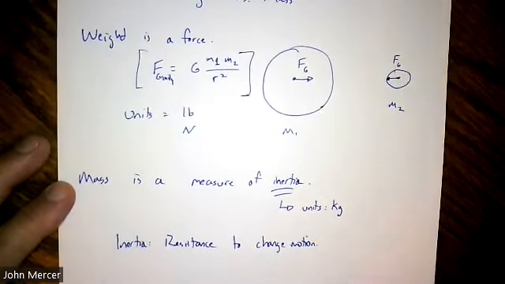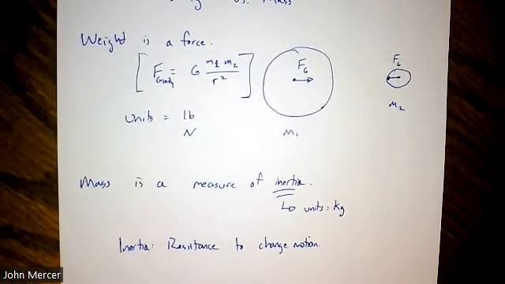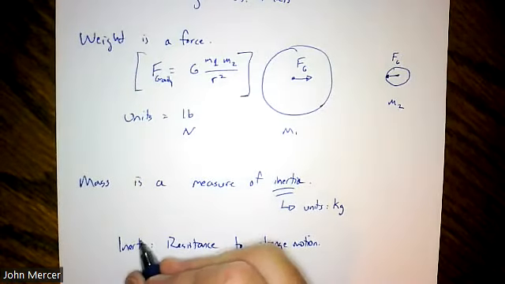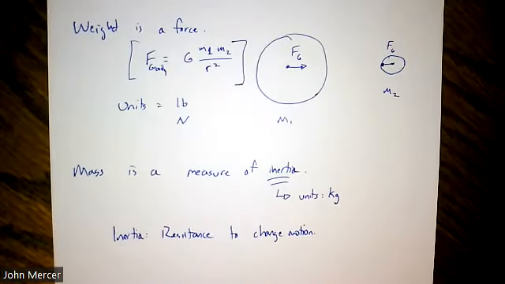If something has very little mass, it's very easy to change the motion of that object. I think of a ping pong ball. A ping pong ball has very little mass. It takes very little force to change the motion of a ping pong ball. A bowling ball, however, is the other thing I think of when I think of something with a lot of inertia. A bowling ball has a lot of mass. It has a lot of resistance to change motion. It's hard to get it going and it's hard to stop it.